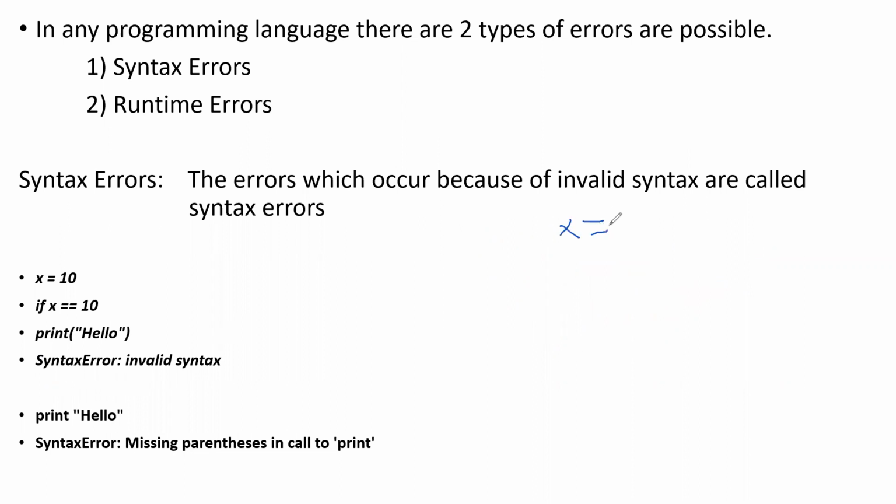Now, once again, just check the code and tell me what the answer is. x equal to 10, if x equal to 10, print x. Now, what is the error? Intentionally I made an incorrect code. And what is the error? Asha, good.